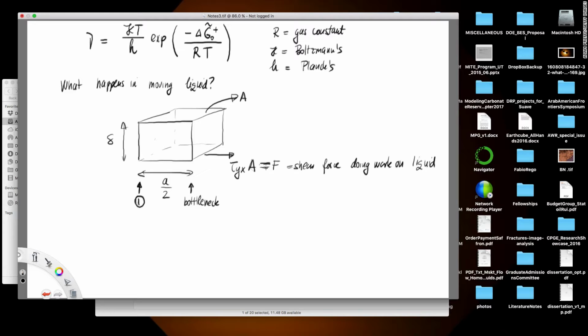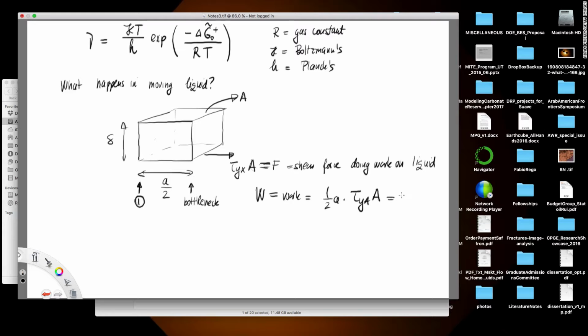Okay. So this is my force. So essentially the work this force is doing, okay, is the force times the distance, which is this half delta. So the work is 1/2 delta times force, which is tau yx A. And I'm not going to work with A, I'm going to work with volume because we're also looking at other properties that are expressed per volume.